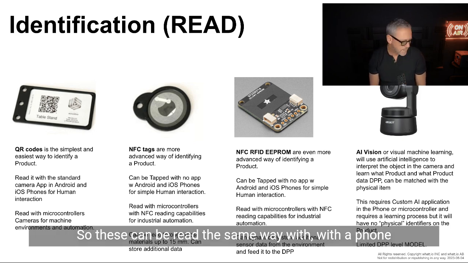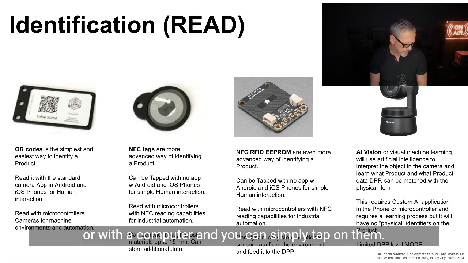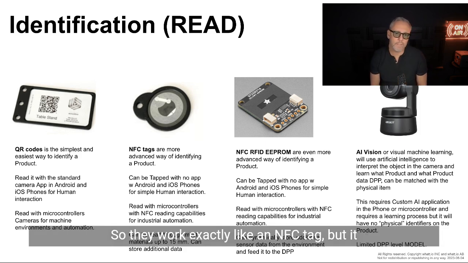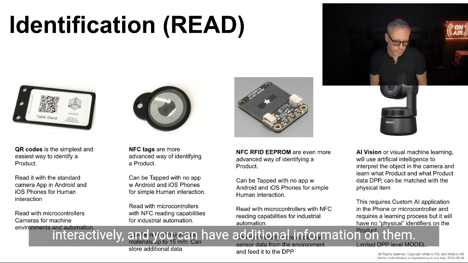So these can be read the same way with a phone or with a computer. And you can simply tap on them. So they work exactly like an NFC tag, but it can be reprogrammed by a microcontroller interactively, and you can have additional information on them.